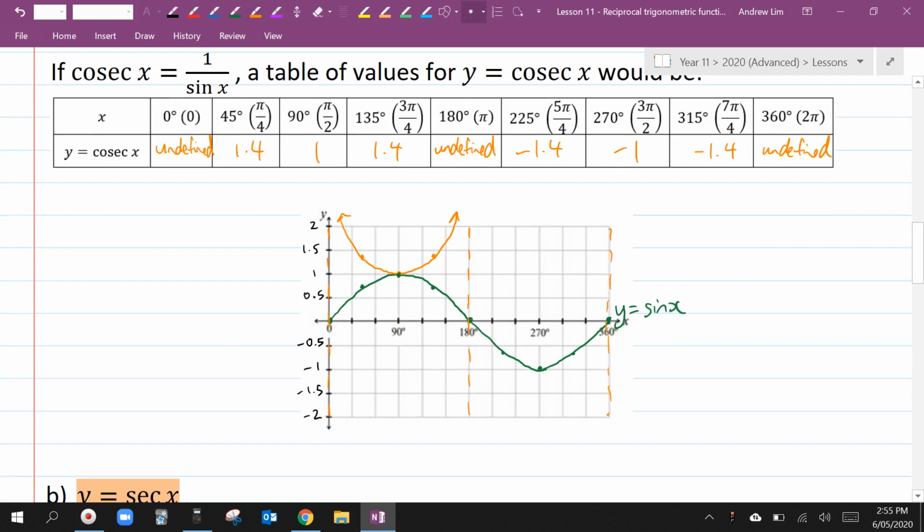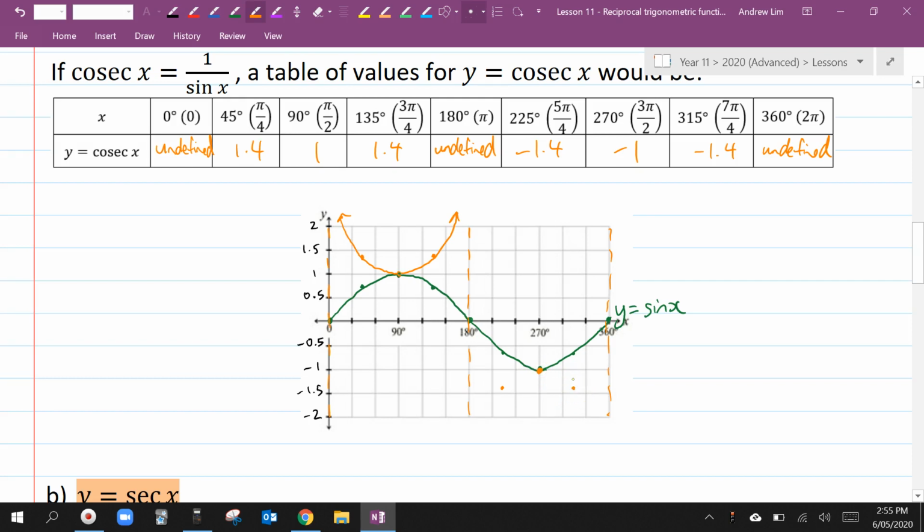Let's move on. 225 degrees, or 5 pi on 4, is negative 1.4, which is probably around here. 270 degrees is minus 1. 315 is minus 1.4.